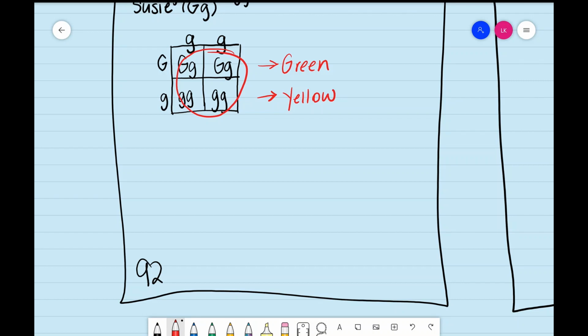These top ones are green, even though they have a yellow allele present, because that is going to be masked by the green color.